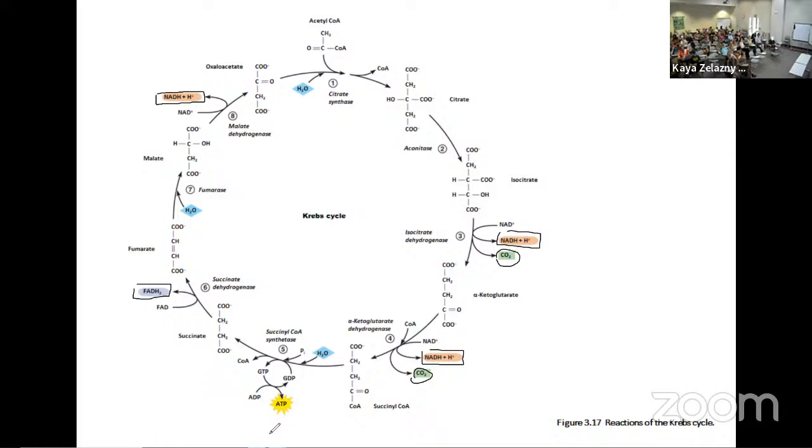And we're making, for each turn of this cycle, 1 molecule of ATP. So you can see here that we're starting with this ADP molecule floating out to the side. That's the adenosine diphosphate, so just the 2 phosphate groups.